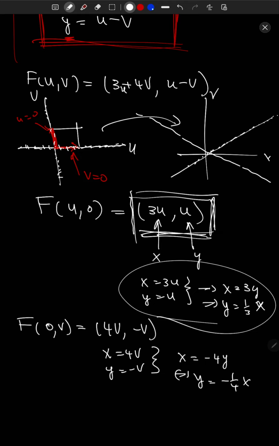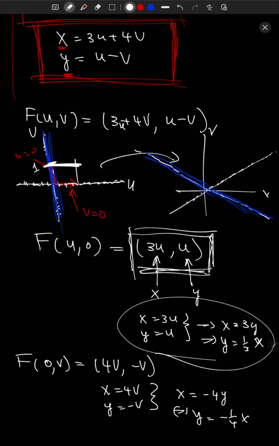Maybe I do a different color. So the vertical line goes to that guy there. All right, and you can do literally the same thing. This horizontal segment here is at a fixed height, right? So this is where v is constant. For simplicity, let's just say this is at height 1.